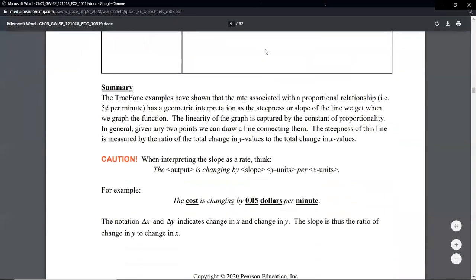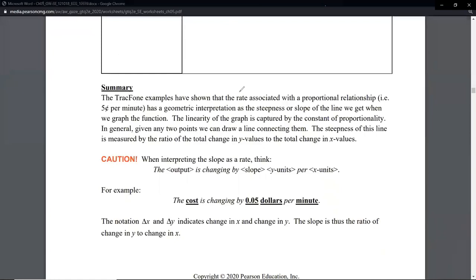Can I highlight on the screen? It's not really a highlight that's covering it. Pretend I highlighted this. Just pretend I highlighted that.